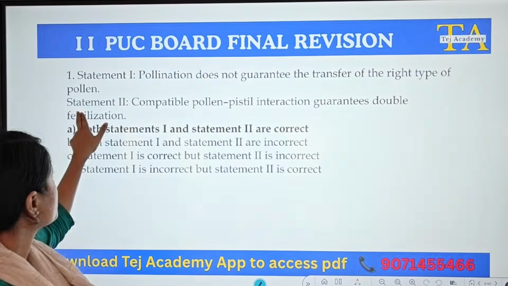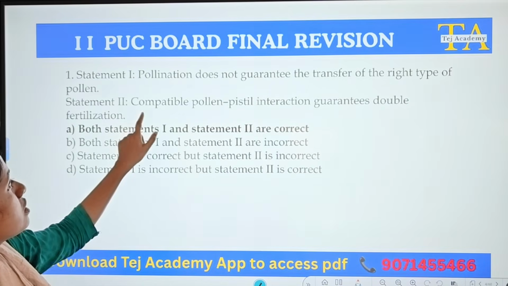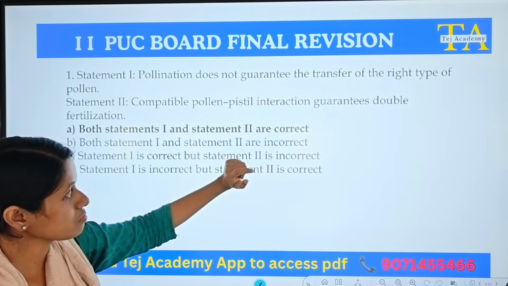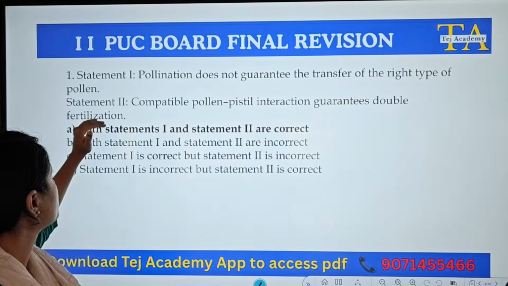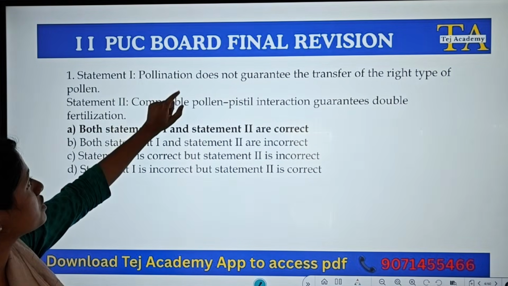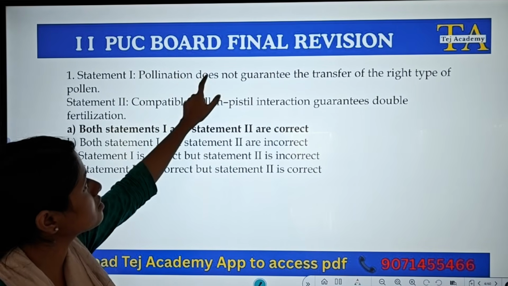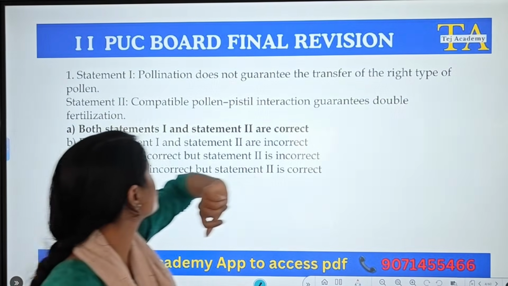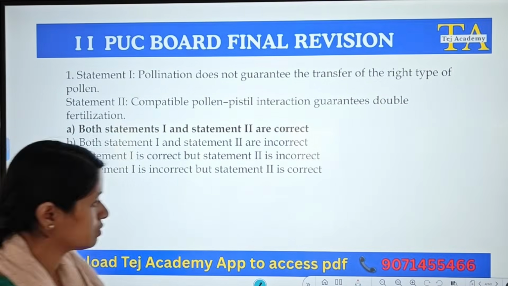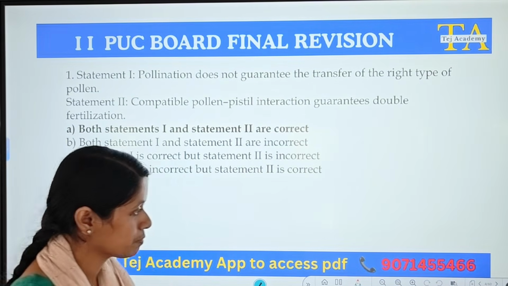If statement 2 is changed to compatible pollen pistil interaction does not guarantee double fertilization, or if statement 1 is changed to pollination does guarantee the transfer of the right type of pollen, then the options will be changed and the answers also will be changed.